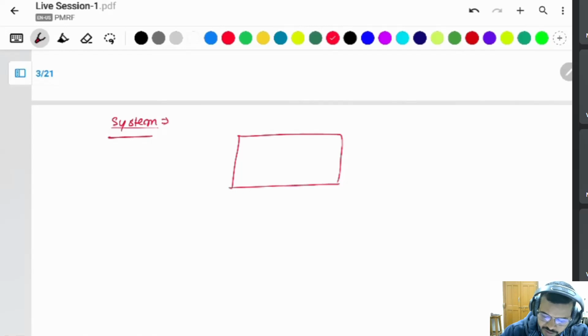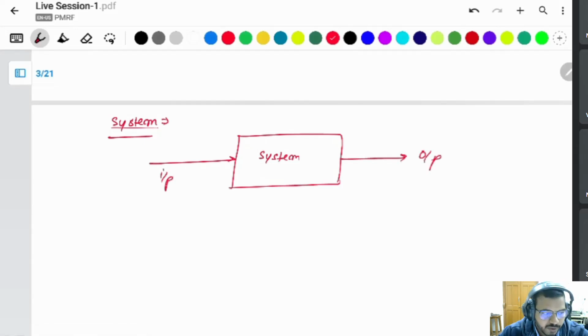Mainly a system, you can give the input and take a desired output from it. There are many control inputs you can give here, different things, but you give an input and you get the output.